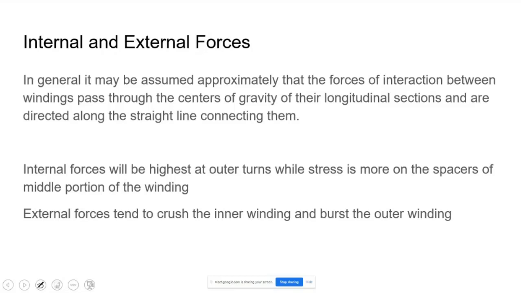The second point is internal forces will be highest at outer turns, while stress is more on the spacers of the middle portion of the winding. Then the next statement: external forces tend to crush the inner winding and burst the outer winding. I have explained this already, the last point.